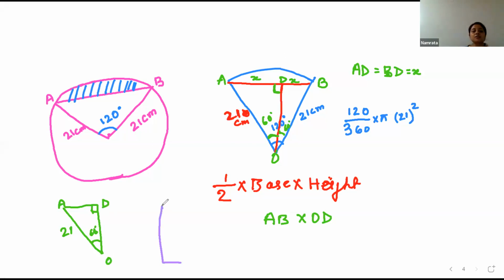So if I am having this triangle, this is 21, this is 60 degree.